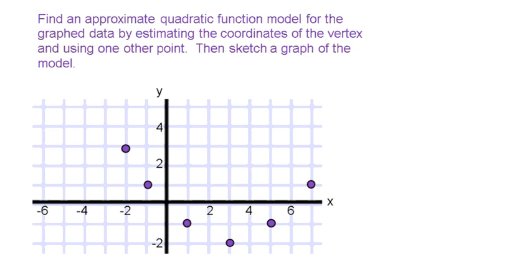Next, we're going to find an approximate quadratic function model for the graph data by estimating coordinates of the vertex and using one other point. Well, right here, it looks like our vertex might be the point 3, negative 2.